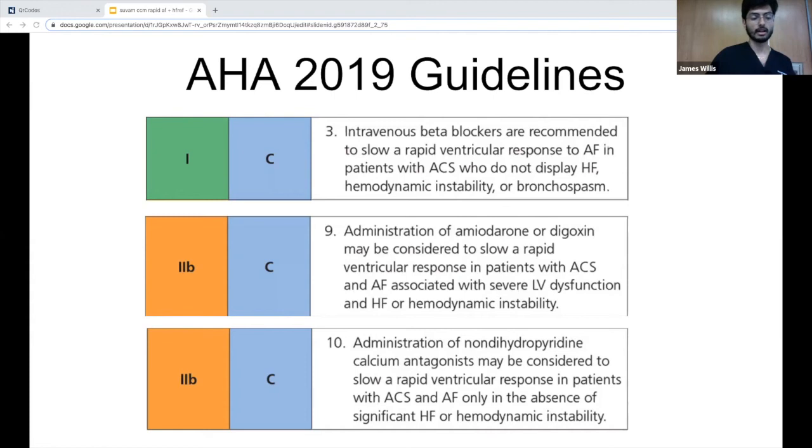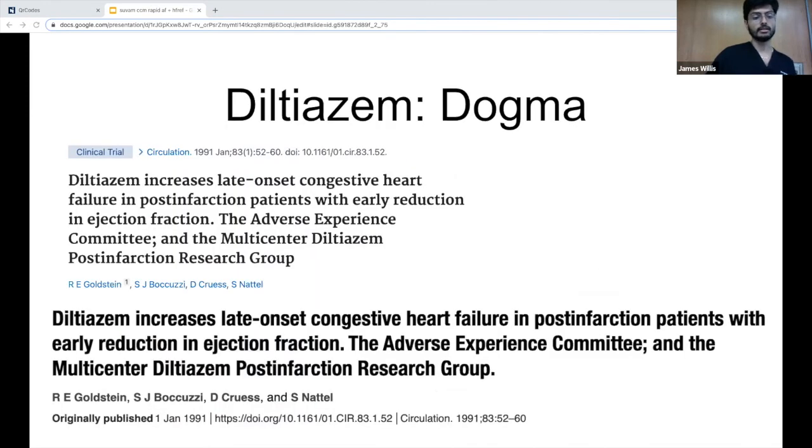And funny enough, those two agents, metoprolol and diltiazem, you're told not to give in this situation because of a fear that you might significantly worsen their hemodynamics. So the dogma is that you don't want to give Cardizem, you don't want to give beta blockade. This is founded upon post-MI studies done by cardiologists in the 1980s.